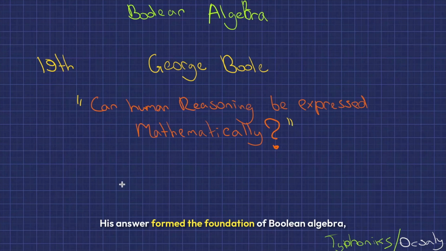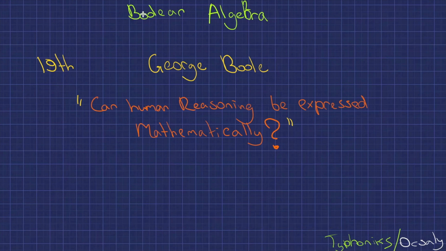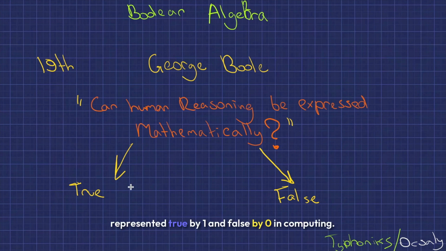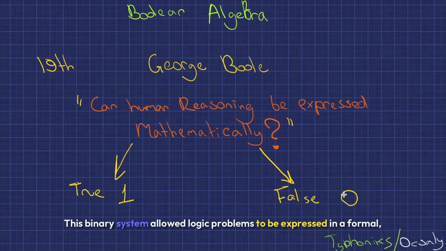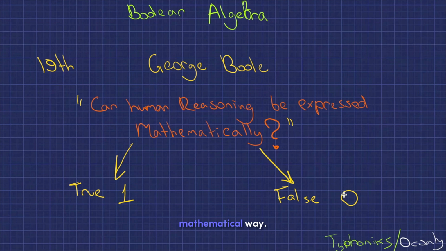His answer formed the foundation of Boolean algebra, a system where variables only have two possible values. It's either true or false, represented true by 1 and false by 0 in computing. This binary system allowed logic problems to be expressed in a formal mathematical way.